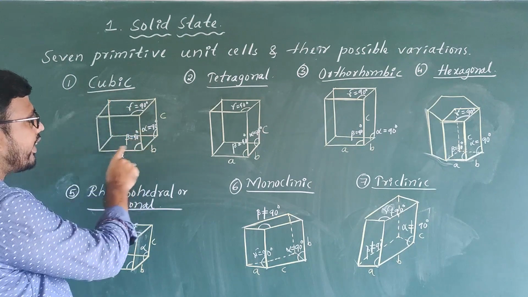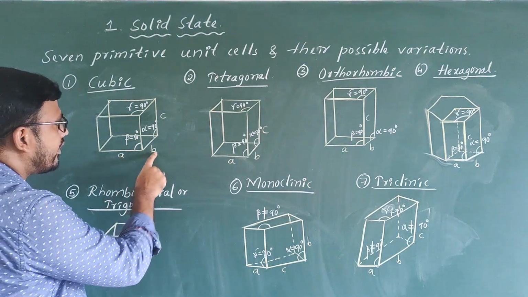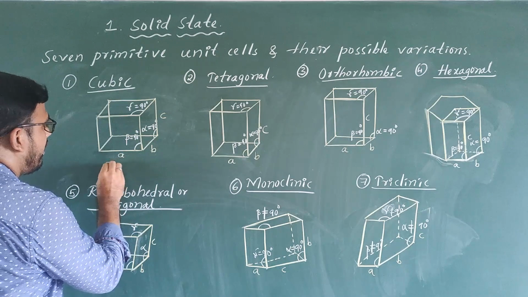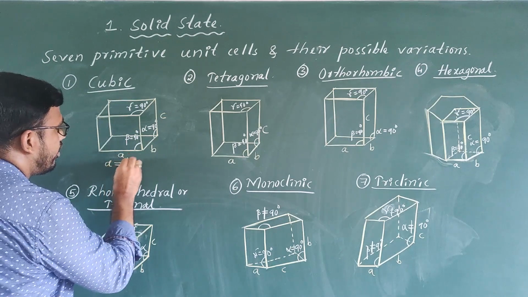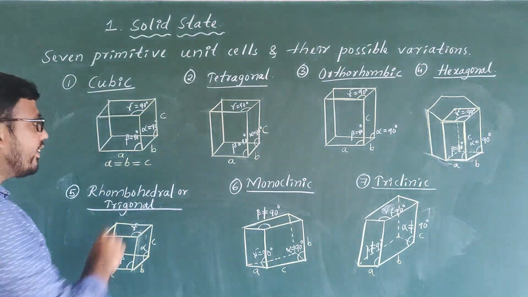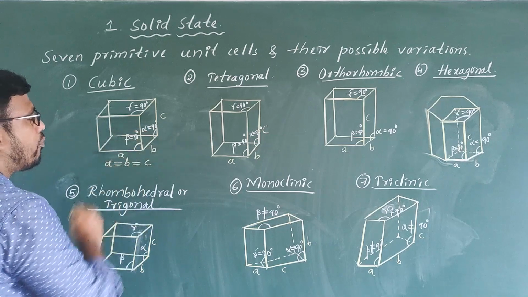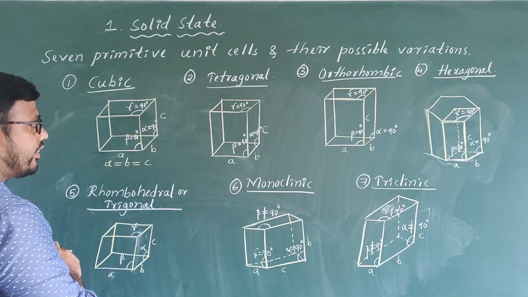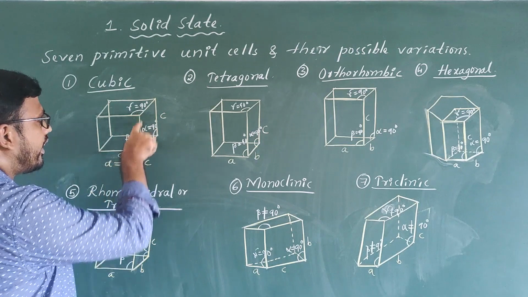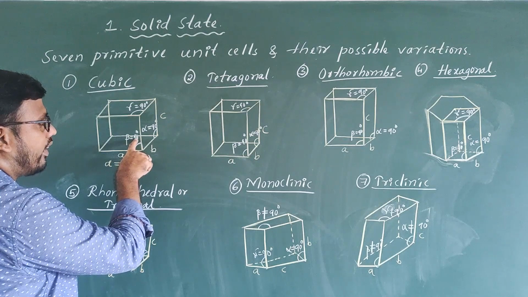A cubic unit cell is one in which its edge lengths are the same. I mean, here edge length a is equal to b is equal to c, meaning all edges are the same. When we come to the axial angles, you see here the angle between a and c is beta, that is represented by 90 degree here.